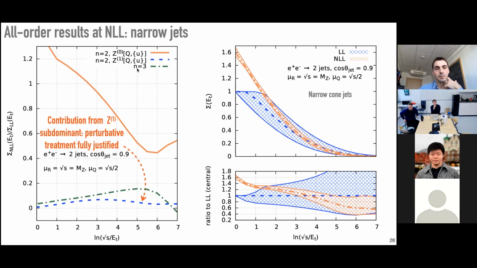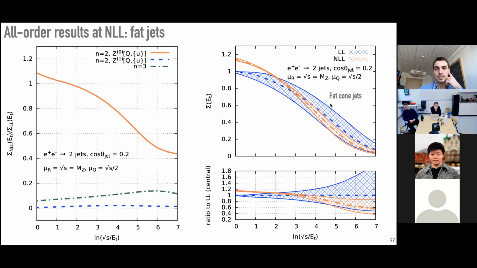Finally, we have the piece with the 3 partons in the slice, in green, that is also moderate, but can become relevant within the uncertainties we quote in certain kinematic regimes. Here is also the result for now fat jets, with the cosine of the opening angle of 0.2.